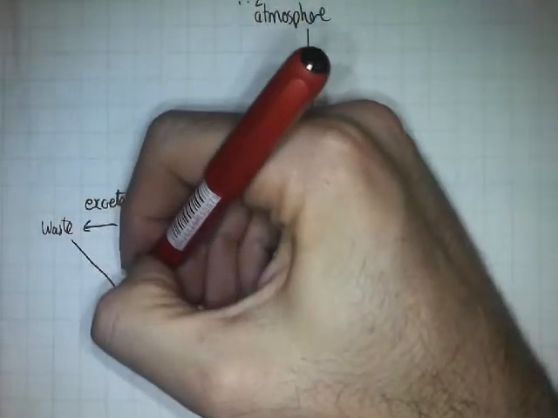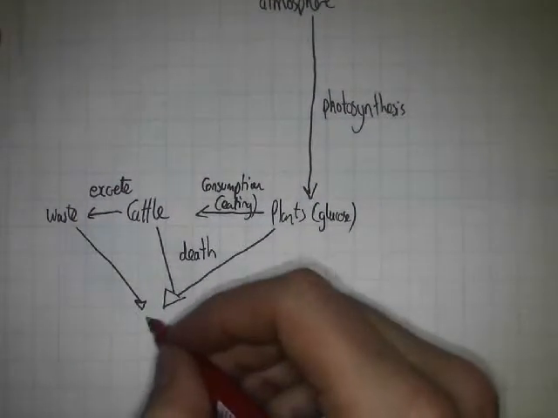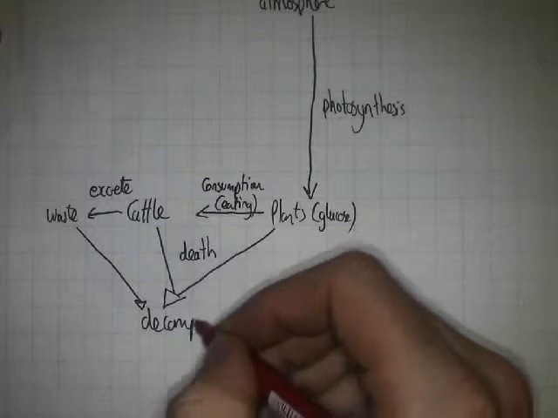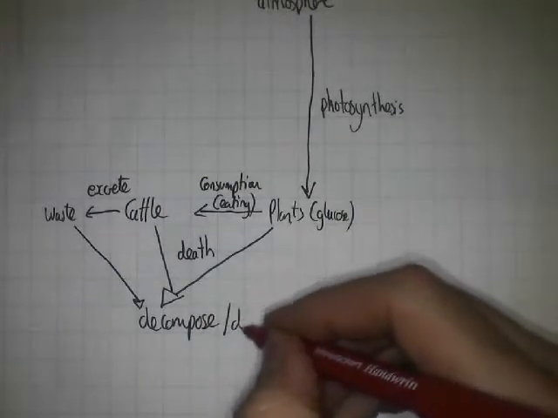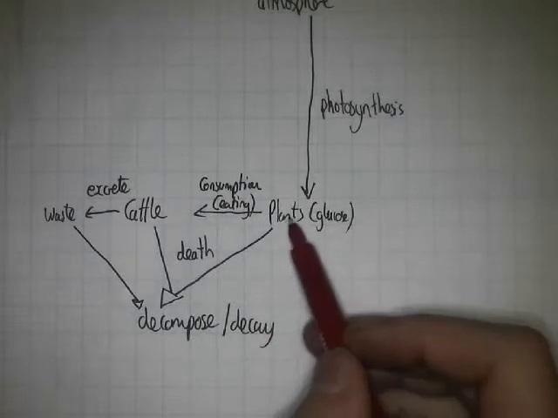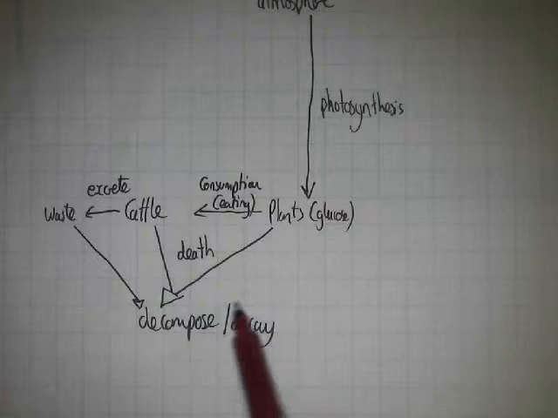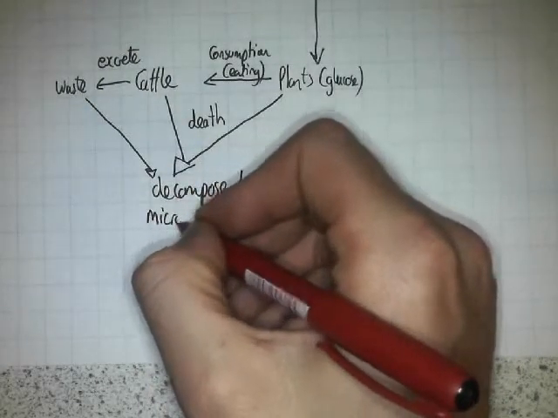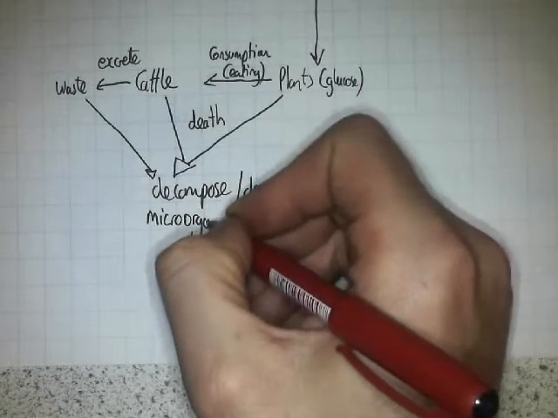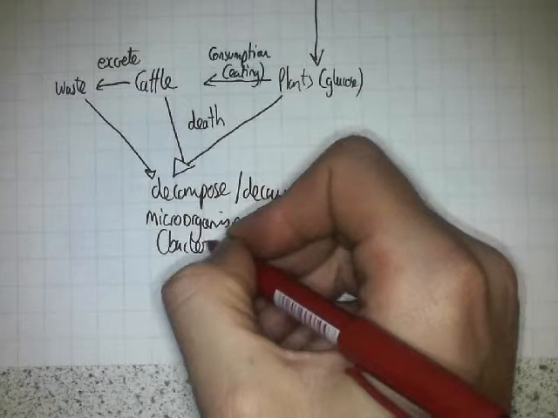And also, waste comes down here. And that will decompose, decay. So we've got dead plants, dead animals, and waste all decomposing. What does this decomposing? Microorganisms do the decomposing. Bacteria.